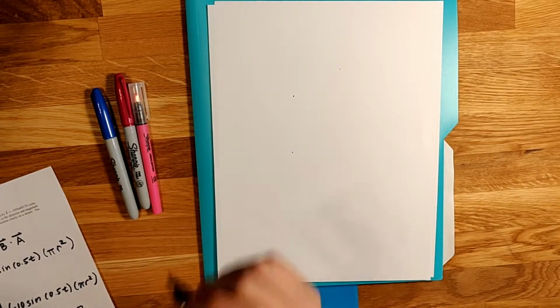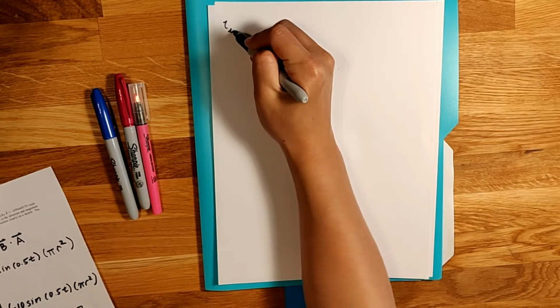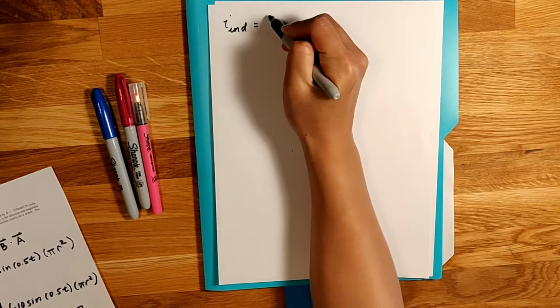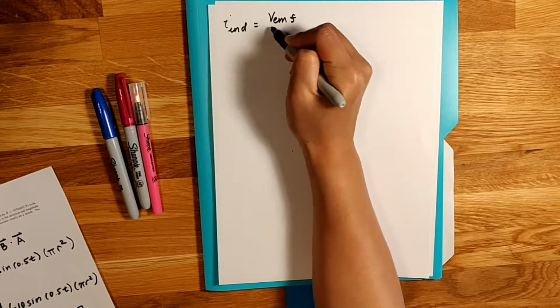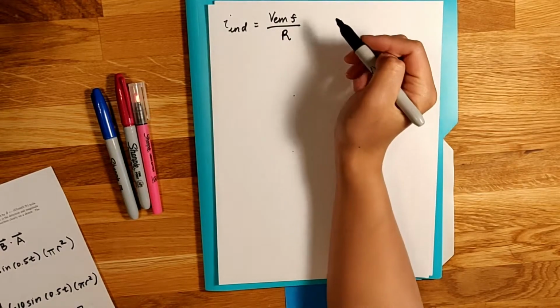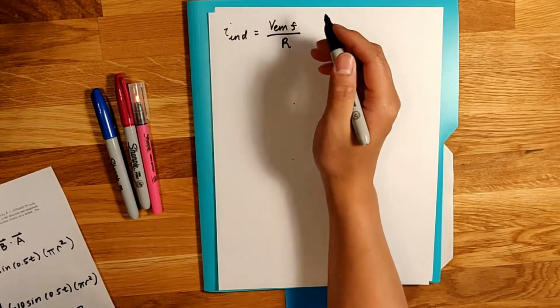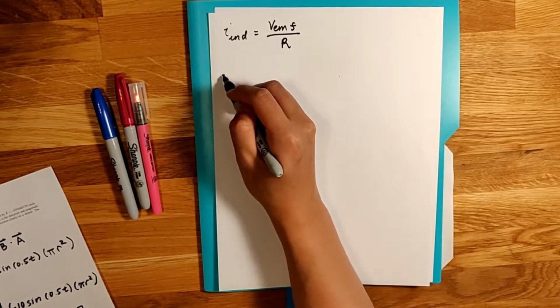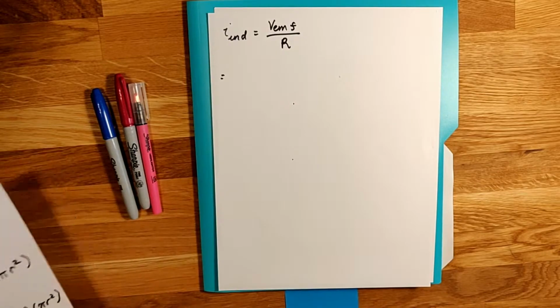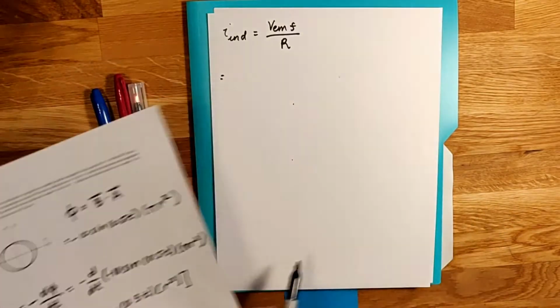So now we can also find our induced current, which is simply EMF divided by R. I'm going to plug in what we just solved for EMF.